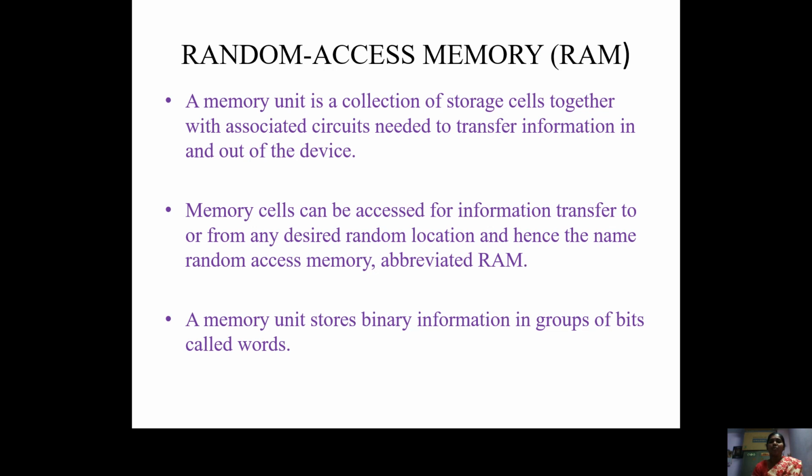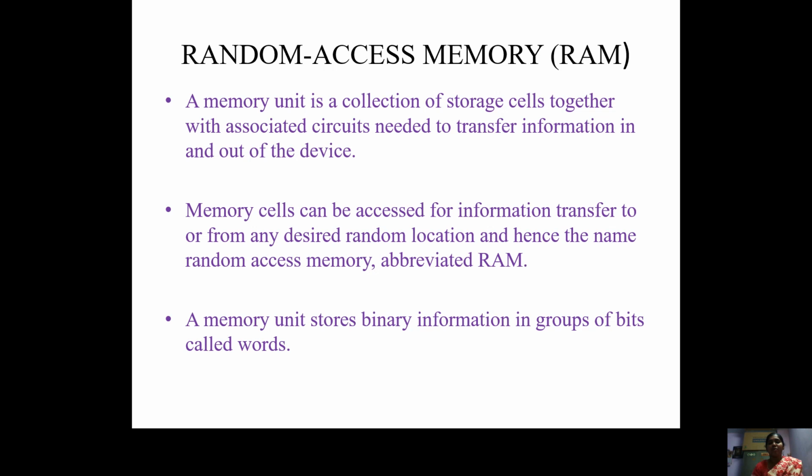Why it is called random access memory is because these memory cells can be accessed for information transfer to and from any desired random location. If you select a certain location at any point in the memory unit, we are able to access it. That is why it is known as random access memory.